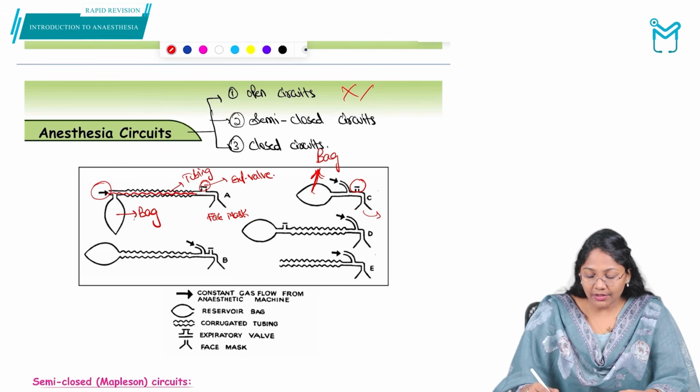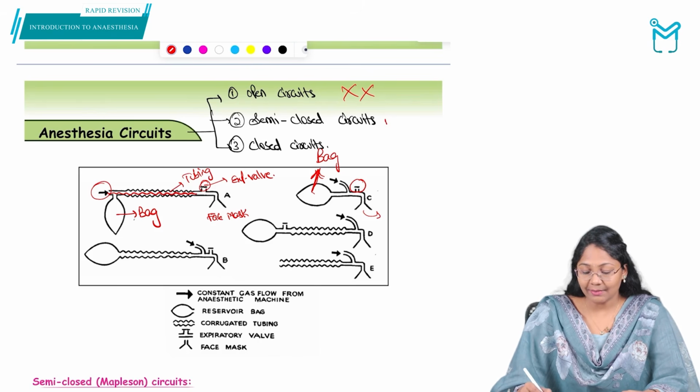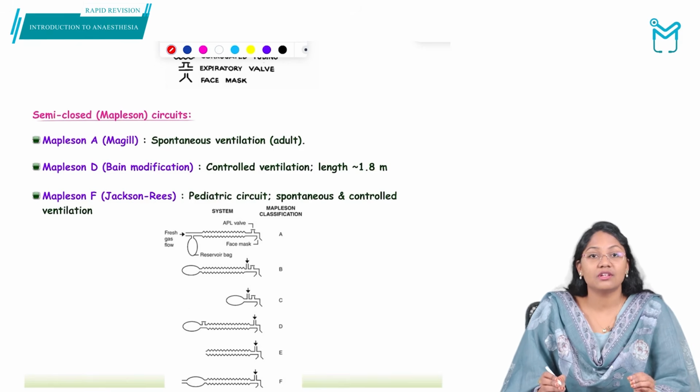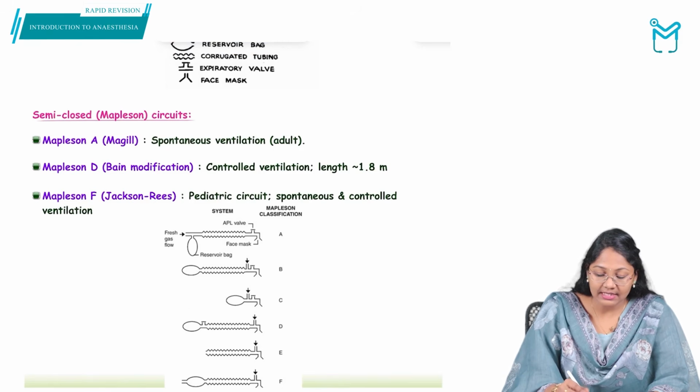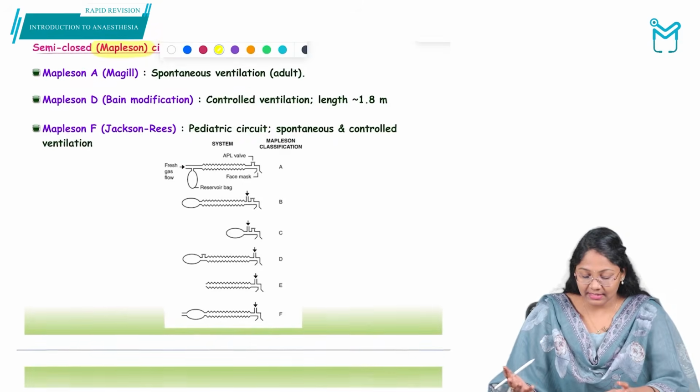But we are not using the open circuits anymore, so I'll go into detail with semi-closed circuits as well as closed circuits. Semi-closed circuits are also called Mapleson circuits because Mapleson is the one who gave these circuits, so we call them Mapleson circuits.